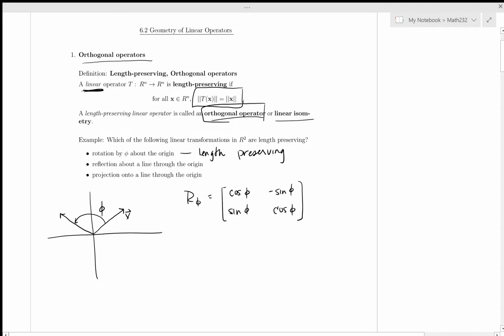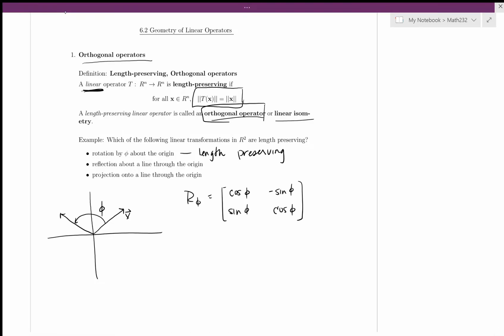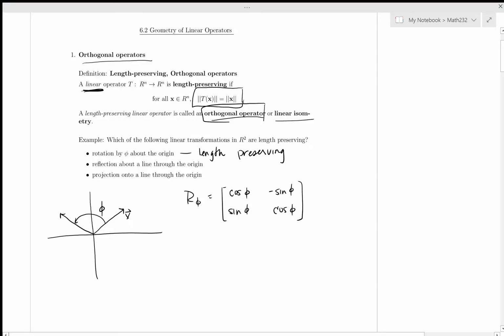Okay, how about if we do a reflection? Let's take that same vector x and reflect it about a line at angle theta to the origin. So I make some angle here, and then I have x right here like that.